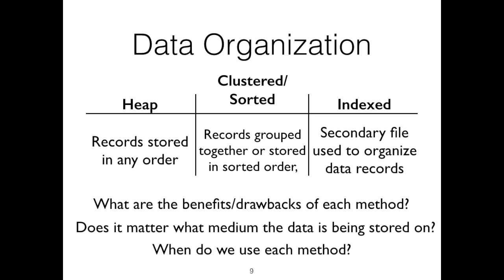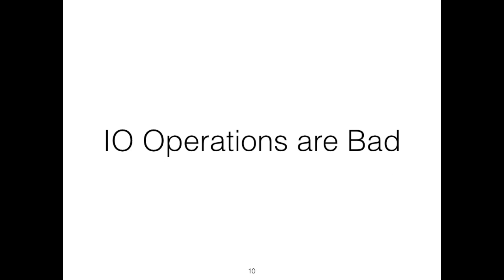Now, the one mantra for today is very simple. It's that I/O is bad, and all of our organizational efforts are going to mostly have to do with eliminating I/O operations. Now, it turns out that the kind of stuff that you do to eliminate I/O operations also speeds up regular query processing as well.